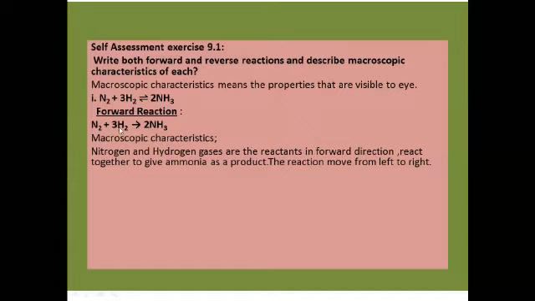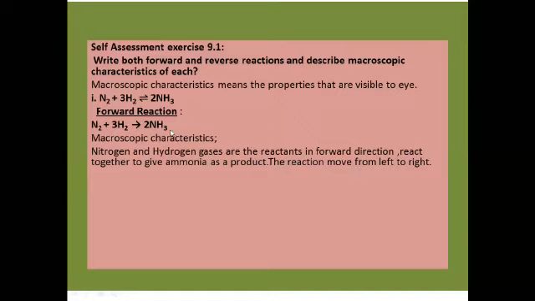So ammonia is the product in the forward reaction, and nitrogen and hydrogen are the reactants. In the forward reaction, the reaction moves from left to right.